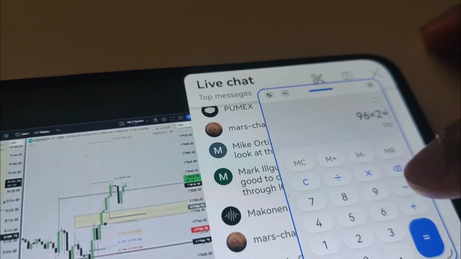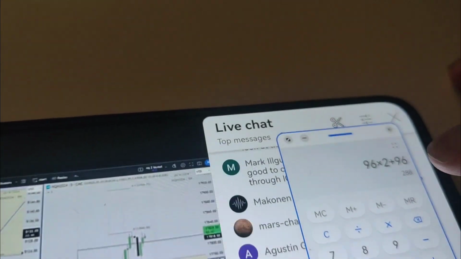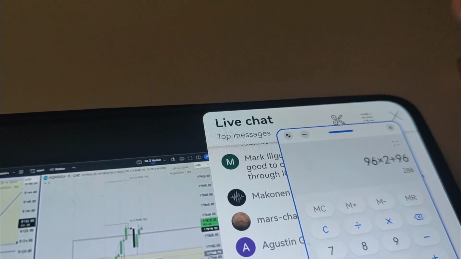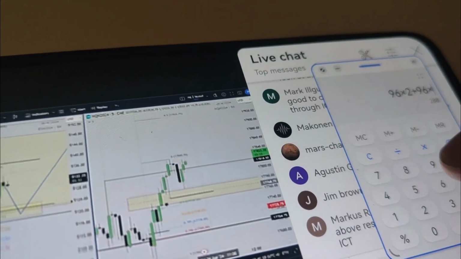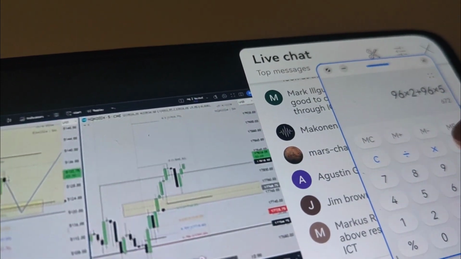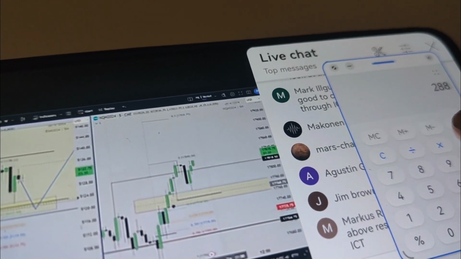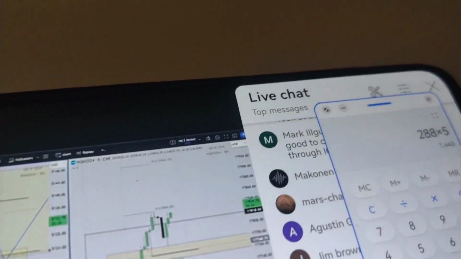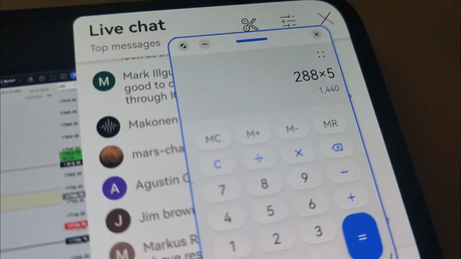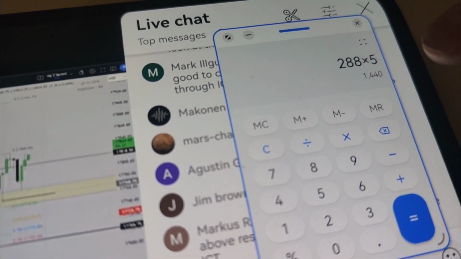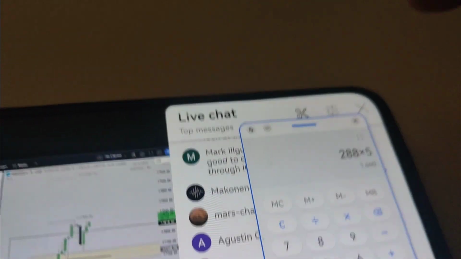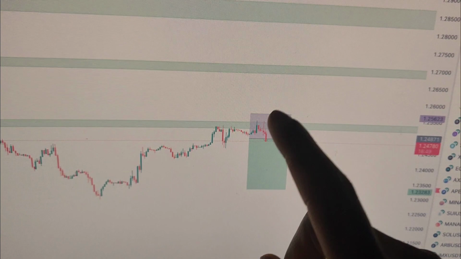Plus the original $96, then we have $288. Since we need to do this in 5 stages, that means multiply by 5. That means we could actually make $1,440 from a $160 deposit. So this is the first trade.